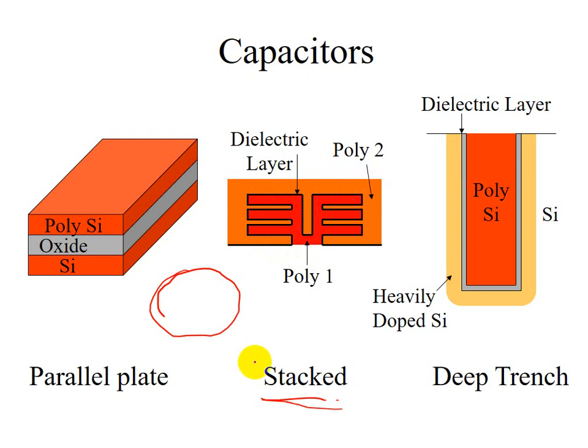And the other one is called deep trench capacitor. Actually, this is a single crystal silicon. You will say, this is the width, the thickness of your single crystal silicon.